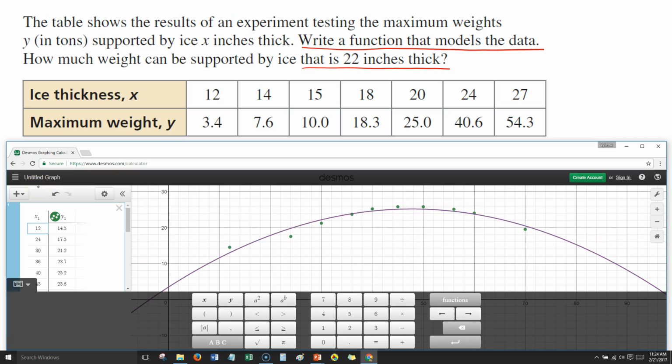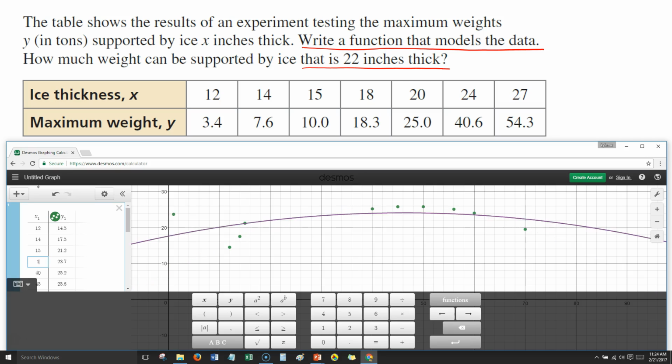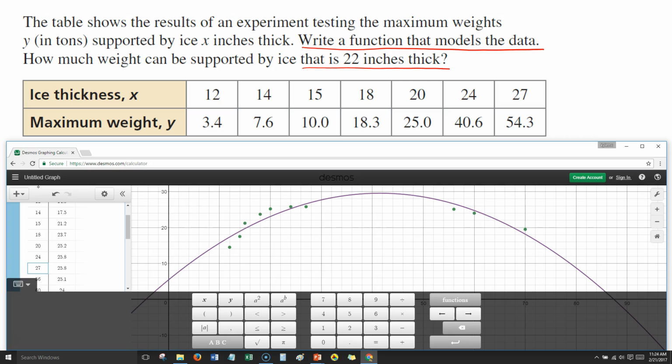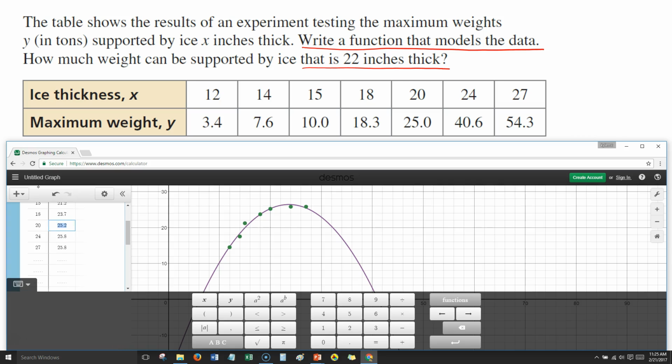So 12, 14, 15, 18, 20, 24, 27. And then I'm going to delete these because I don't need them. Delete, delete, delete, delete. Alright, so 12 goes to 3.4.